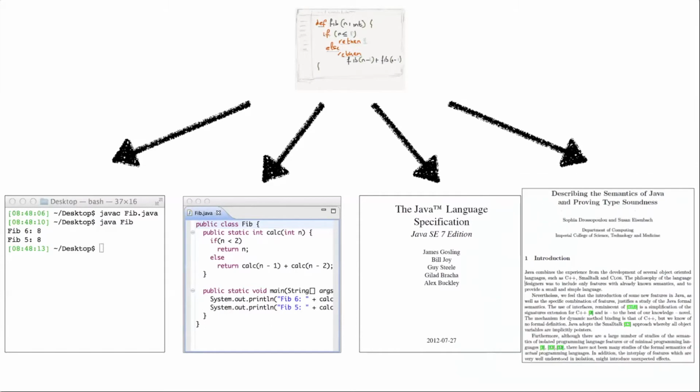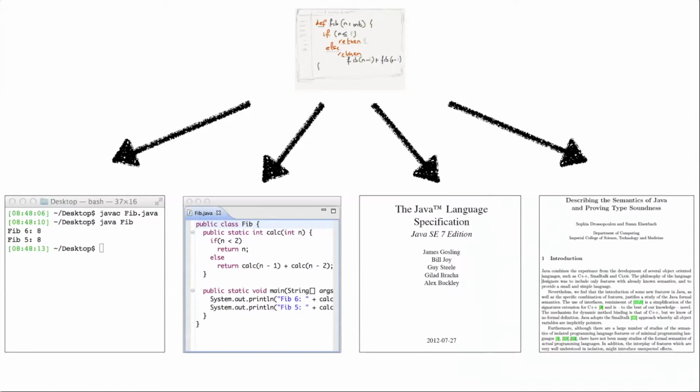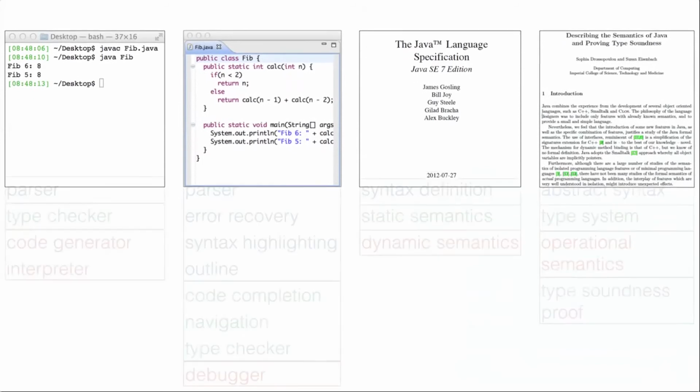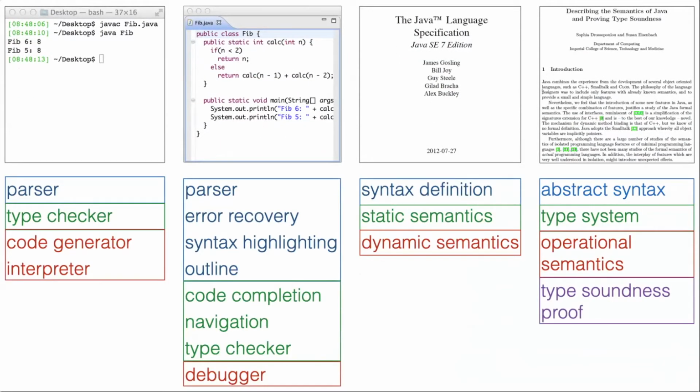So there are quite a few artifacts that you need to produce if you're implementing a language, and if we look at those, we see that those artifacts have a lot in common. All of them need some kind of syntax, maybe in different forms, but they need a static semantics or a type checker. You need to say something about the dynamic semantics or operational semantics, what it means. It can be at a theoretical level, an operational semantics, but at the concrete level, you need to write a code generator or an interpreter.